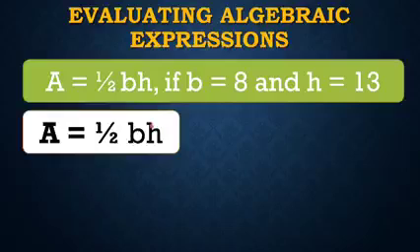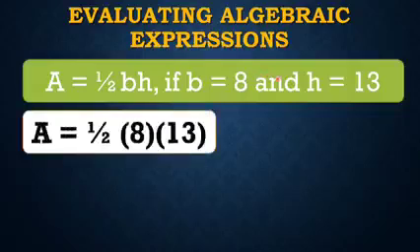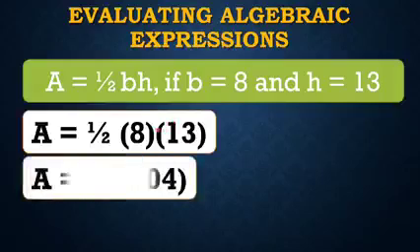So the rule again, when evaluating an algebraic expression, is substitution. Yung b natin magiging 8, yung h natin magiging 13. This is our conditions. So by substitution, our area becomes 1/2 times b, which is your 8, times h, which is your 13. What I did is I multiply 8 and 13, and the answer is 104. 8 times 13 is equal to 104.